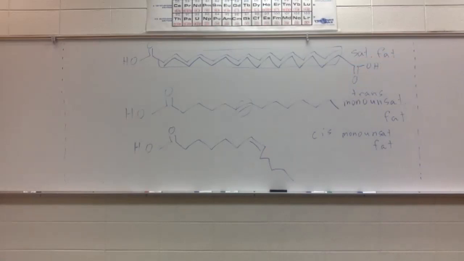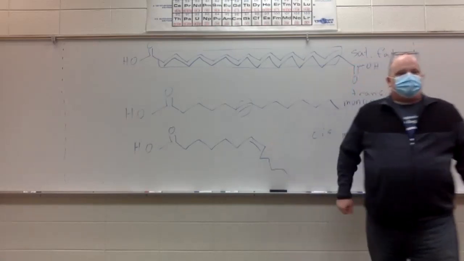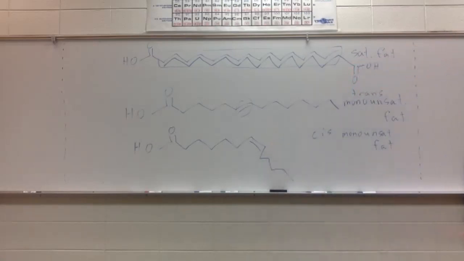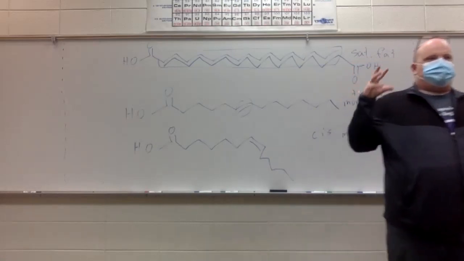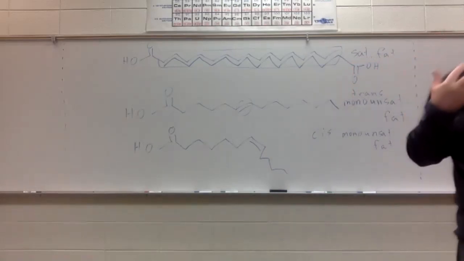Does not stack as well. Yeah. So when you start introducing cis double bonds in here, they don't stack as well. That means they can't get into these high density masses. Their intermolecular forces can't accumulate, and they're going to have lower melting points.